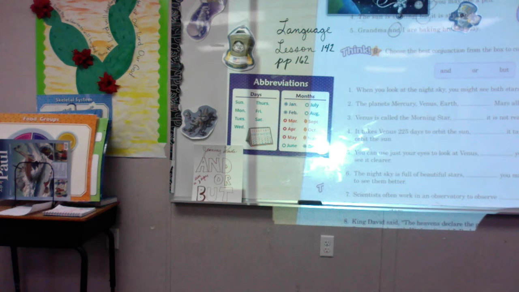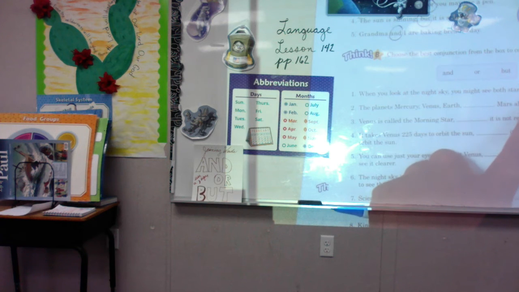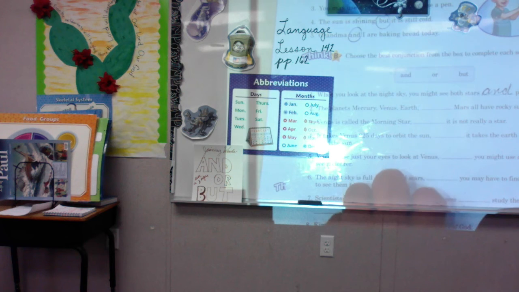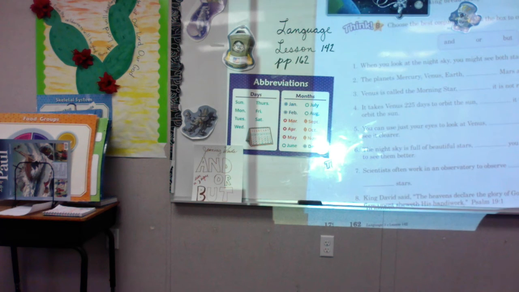Conjunction: and, or, but. When you look at the night sky, you might see both stars and planets. The planets Mercury, Venus, Earth, and Mars all have rocky surfaces. Venus is called the morning star.